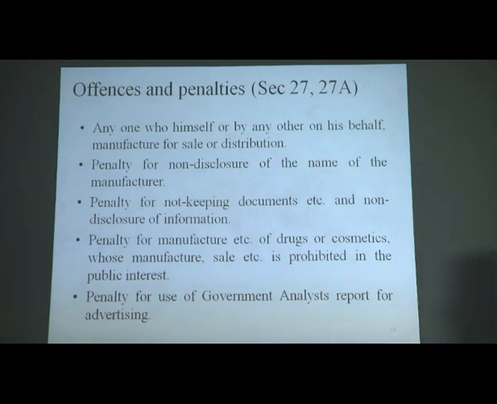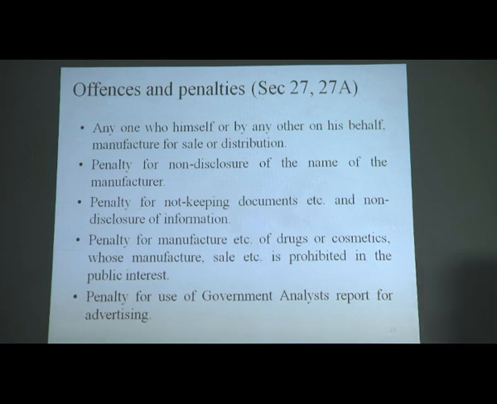Then penalty for manufacture, etc., of drugs or cosmetics whose manufacture, sale, etc., is prohibited in the public interest. Such a person who manufactures drugs which are prohibited in the public interest will be subjected to punishment of not less than 3 years, which may extend to 6 years, with a fine of not less than 10,000 rupees. Then penalty for use of government analyst report for advertising.